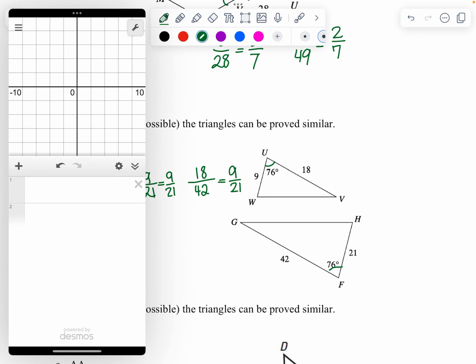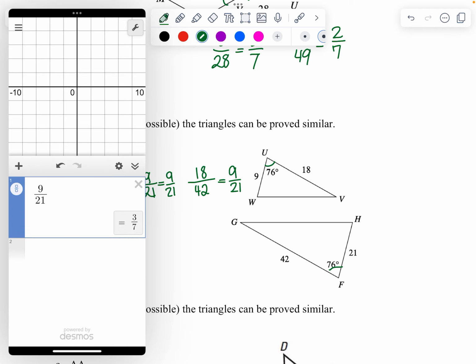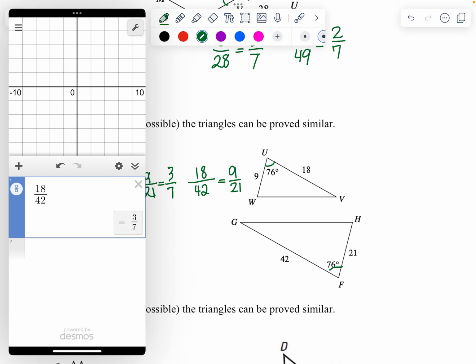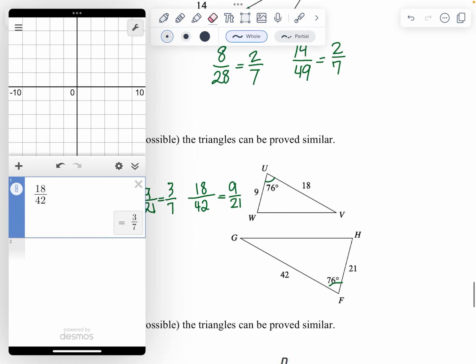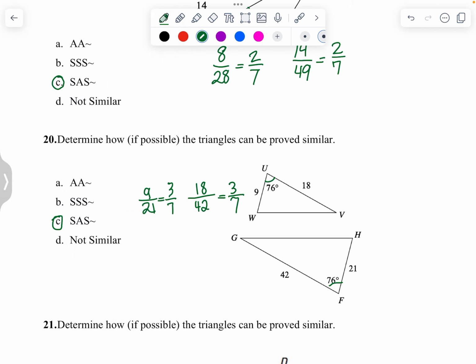Let me see, I'm actually incorrect there. Let's try that again. 9 divided by 21 is 3/7. And so 18 divided by 42, we get 3/7. Either way, we're coming to the same conclusion. Our sides are proportional. They are similar by side angle side.